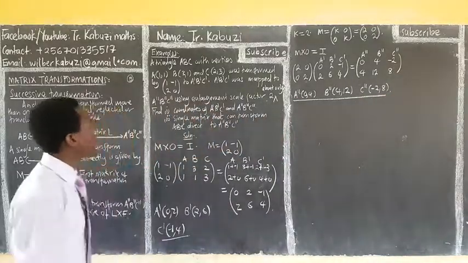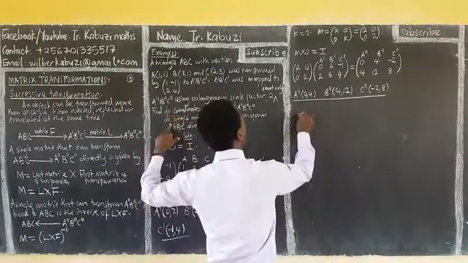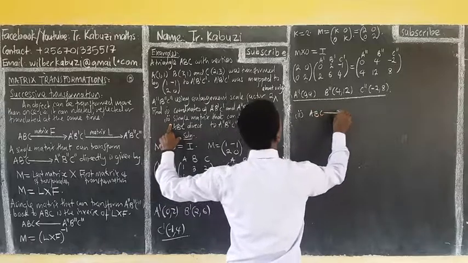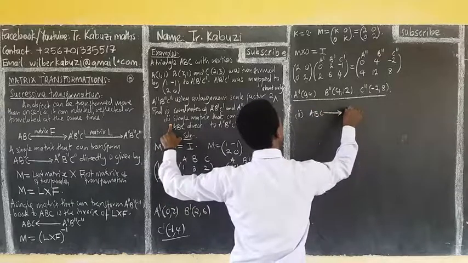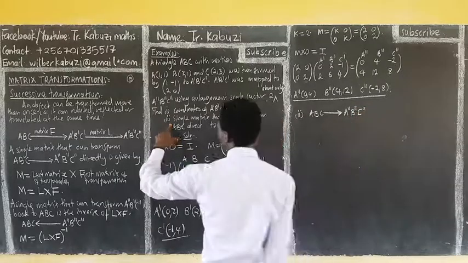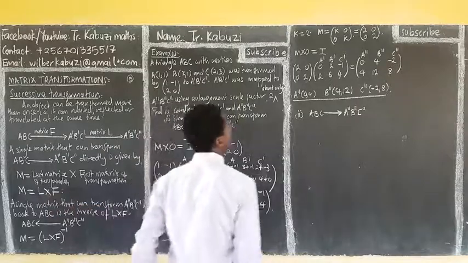Now we come to Roman numeral 2, a single matrix that transforms ABC directly to A double prime, B double prime, C double prime. If you want that, you get the last matrix times the first matrix.